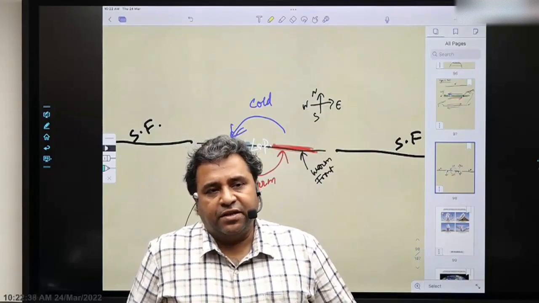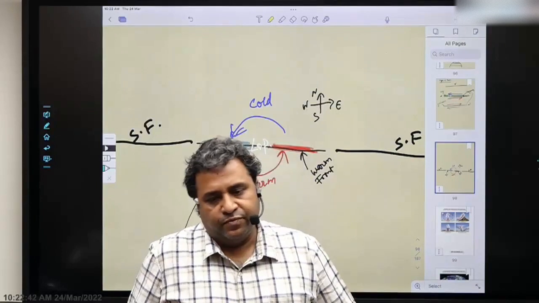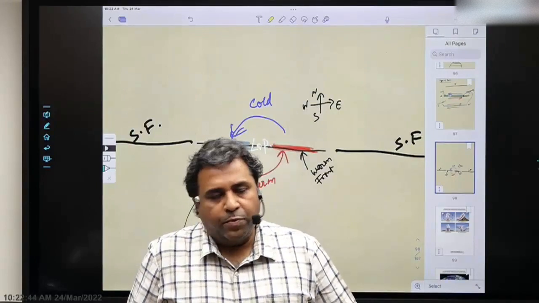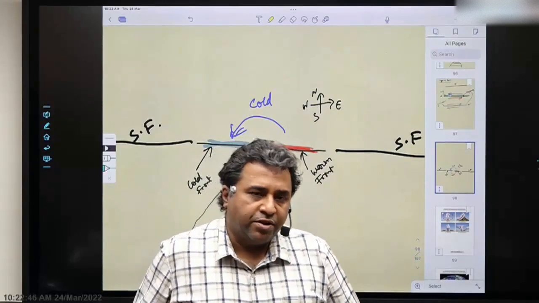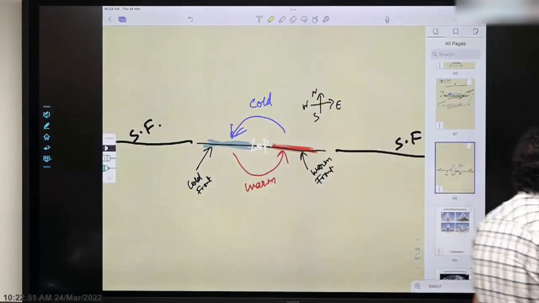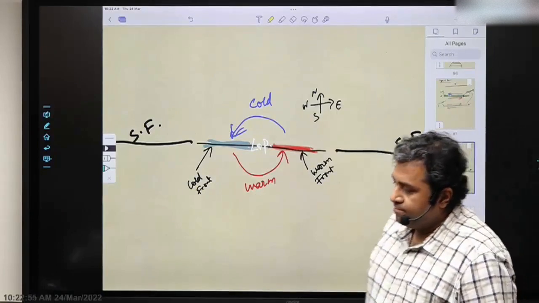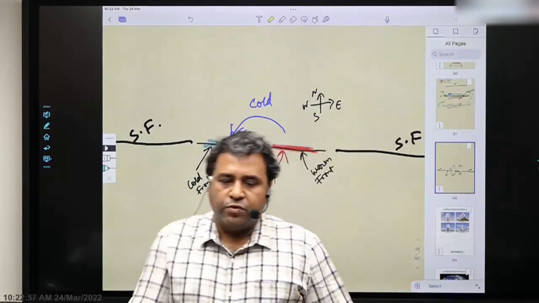And this creates a corresponding opposite pressure condition on the surface over the stationary fronts.